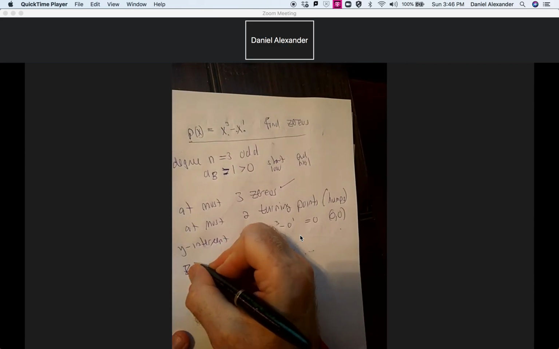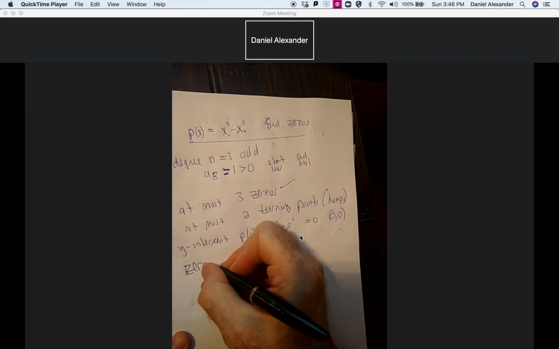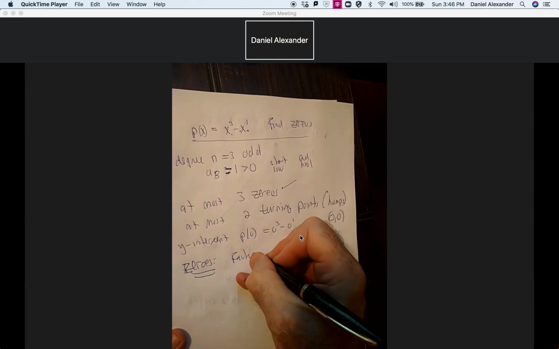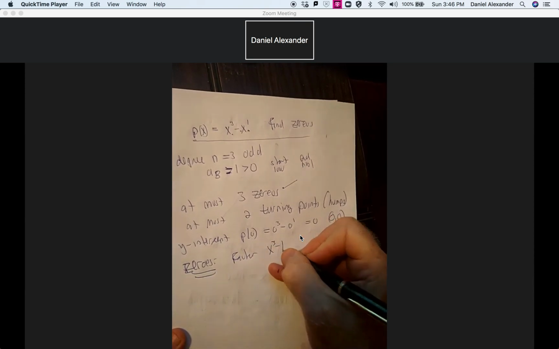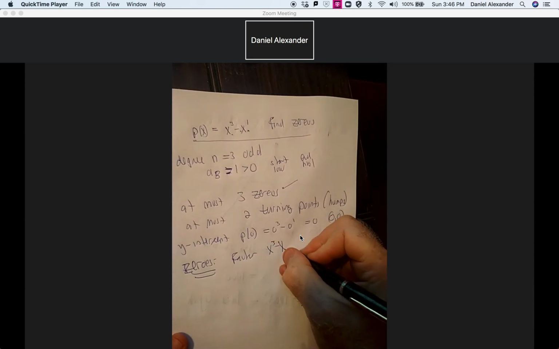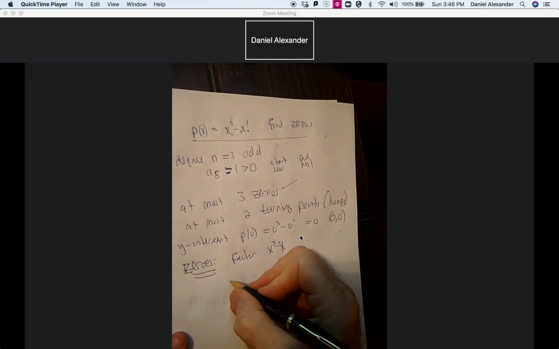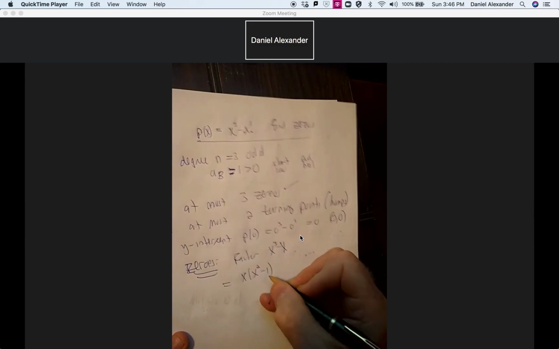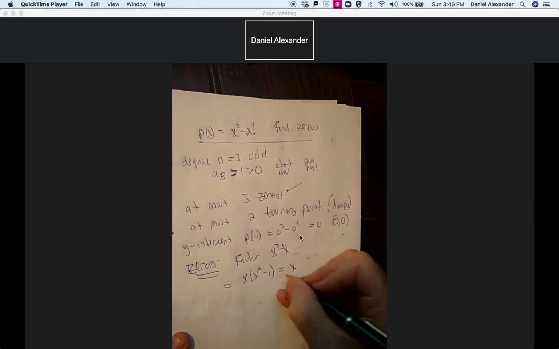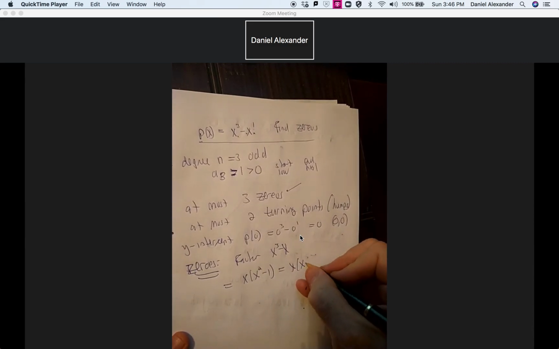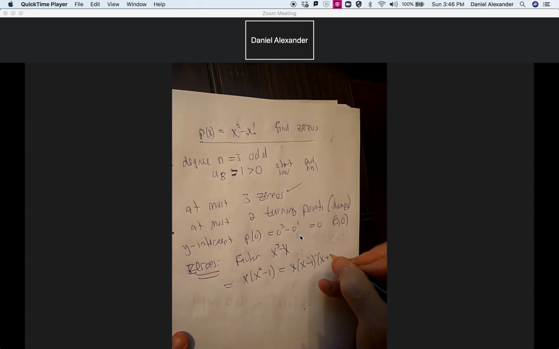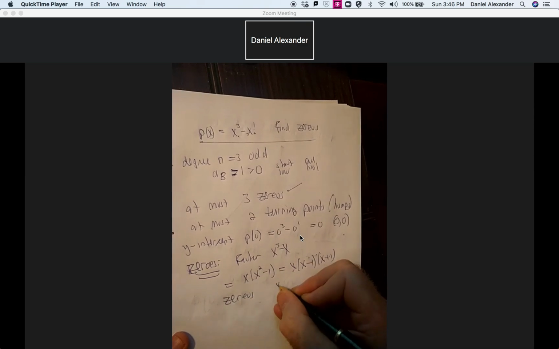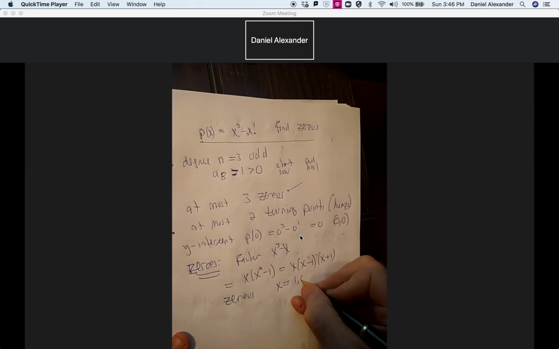For the zeros, I'm going to factor x cubed minus x. I factor out my x and get x squared minus 1. And I can factor x squared minus 1 into x minus 1 times x plus 1. So my zeros, our x-intercepts, are x equals 1, 0, and minus 1.